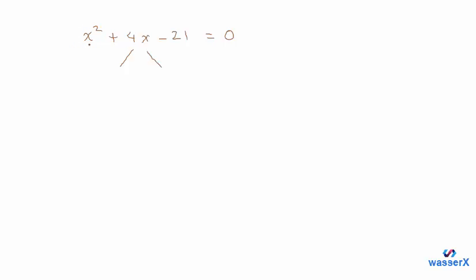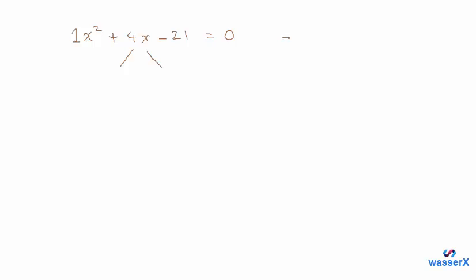Now what's the coefficient of the term in x squared? If you see a x square, you could well think of it as a 1x square, because x square is the same as 1 times x square. So split this up into two parts that add up to this and that multiply to give you 1 times the constant term, which is negative 21.